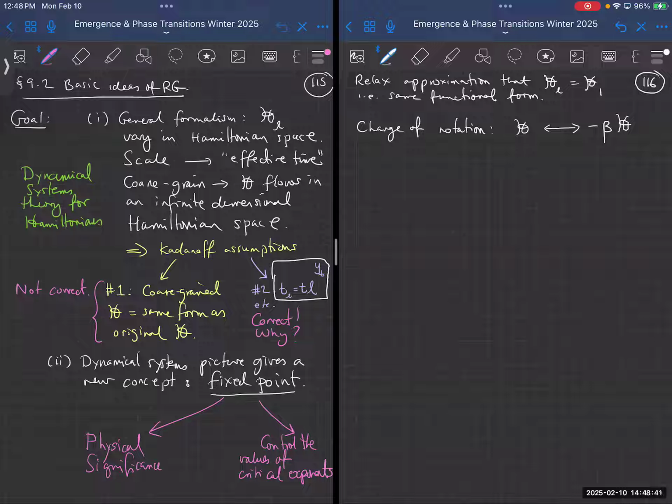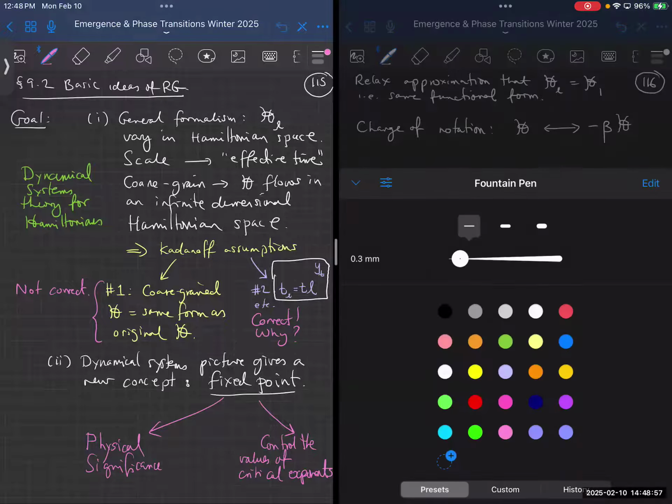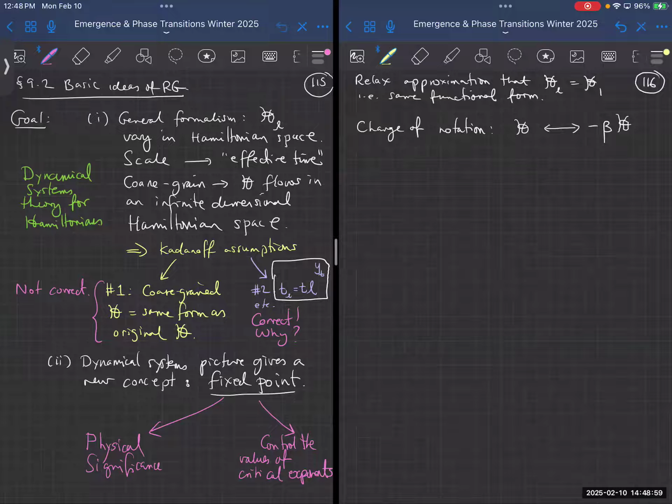From now on, when I talk about the Hamiltonian, I will really mean minus beta times the original Hamiltonian, because I don't want to keep writing factors of minus beta throughout all the formulas for the rest of the quarter. So that's the first thing. I'll try to remind you about that.